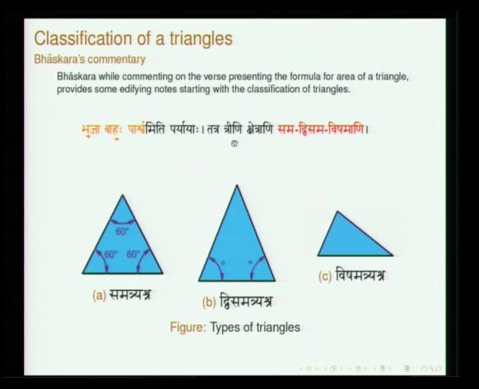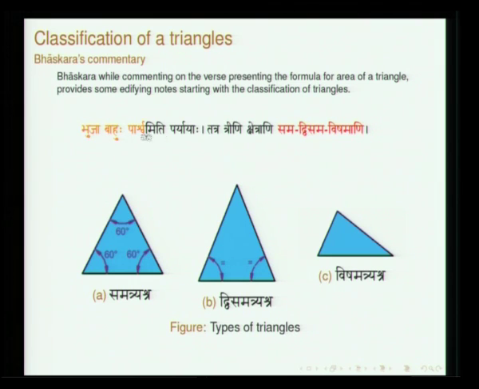In fact, Bhaskara commences his discussion by classifying the triangles into three types. He says Trini kshetrani sama dvisama vishamani. So, sama is all the three sides are same, dvisama is isosceles and Vishama is scalene triangle.